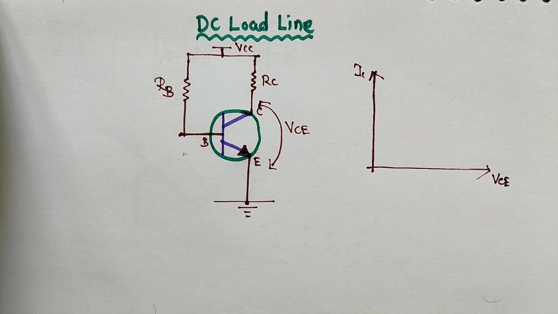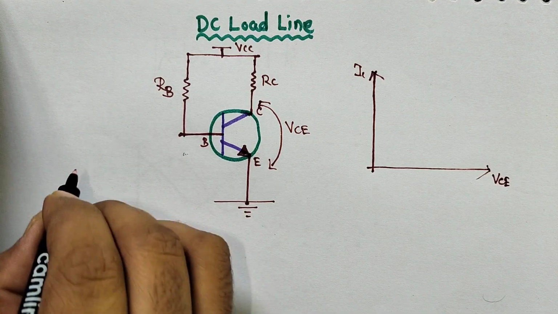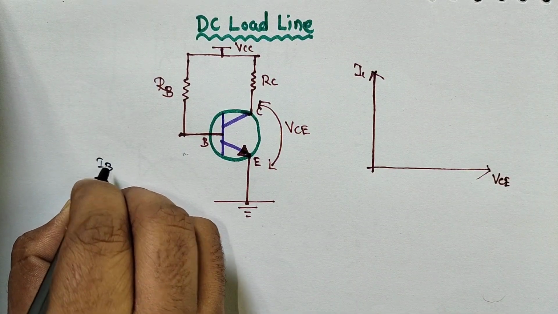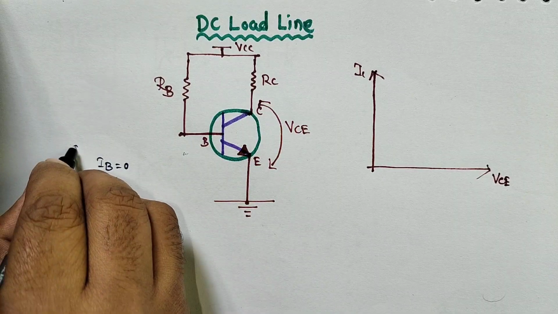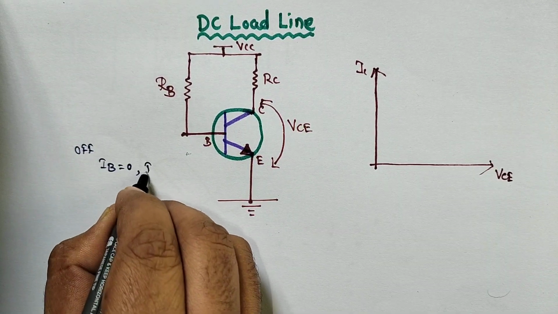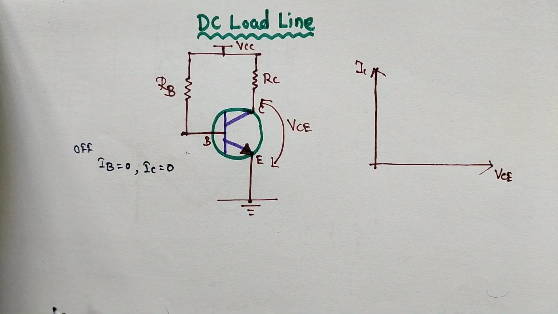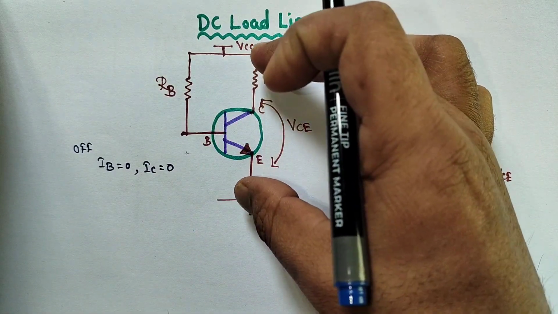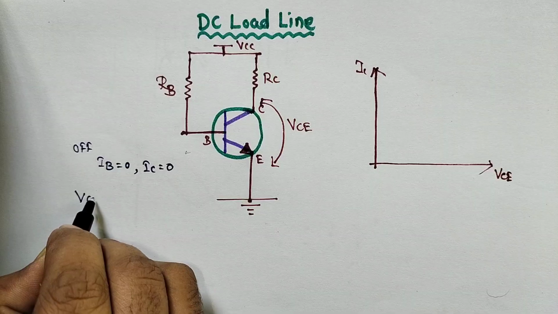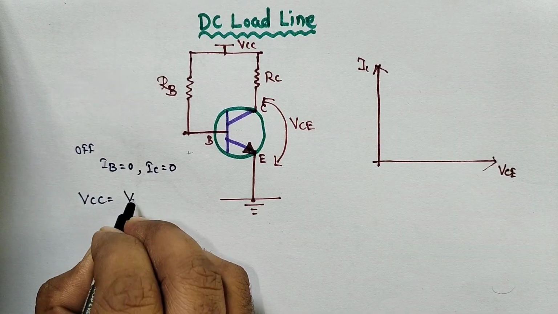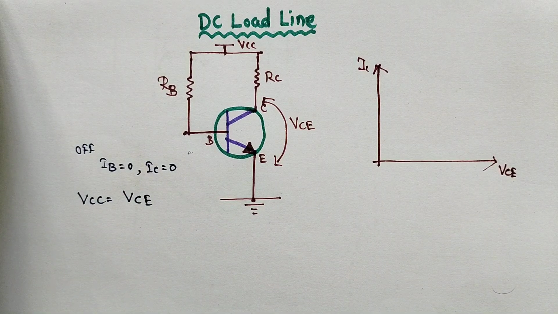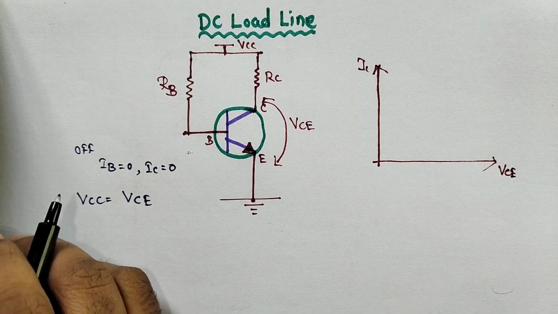Take an example: if the transistor is in the off condition, that means IB equals 0, so IC is also 0. Since the transistor is open, the entire supply VCC drops across it, so VCE equals VCC.